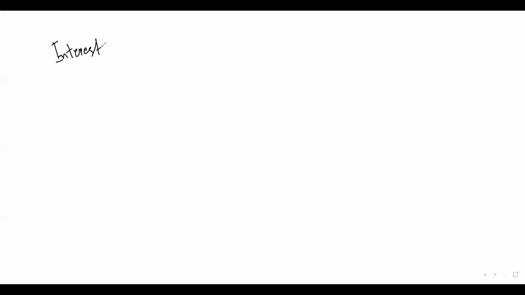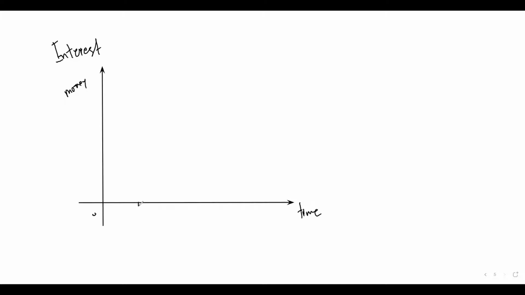One is simple interest. So for you to understand it better, let me demonstrate it. Let's say this is money and this is time. So this is 0. I can use a histogram. So time is in years, on a yearly basis, for example.